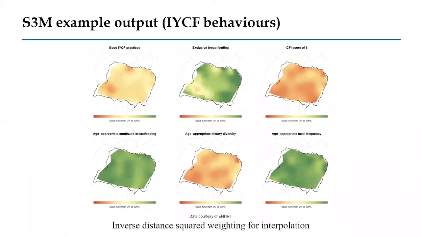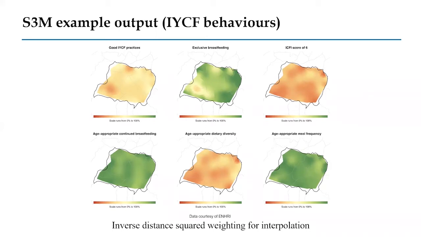This is what we get if we move to inverse distance squared weighting for interpolation. So here, rather than having a single value per tile, we've got hundreds, maybe thousands of points of which we've made an estimate, and we've plotted those in appropriate colours. So the red is the poor and the green is the good.